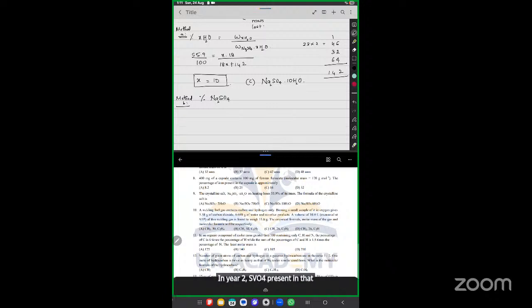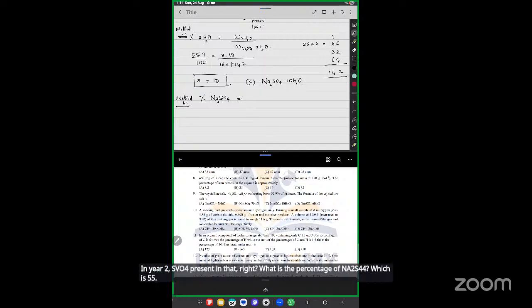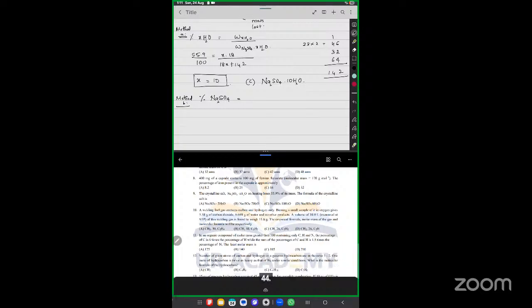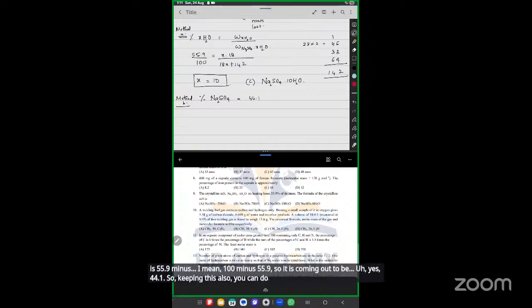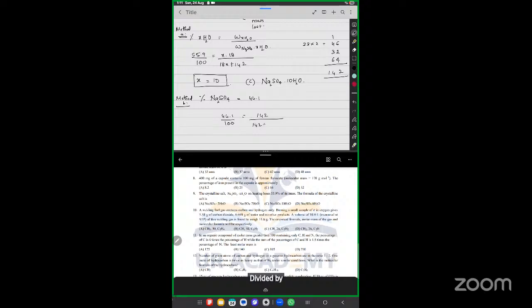What is the percentage of Na2SO4? 100 minus 55.9, so it is coming out to be 44.1. So 44.1 divided by 100 is equal to 142 divided by 142 plus x into 18. So solve this. Again, you're going to get x as 10 only. Either of the methods, you get the same answer.